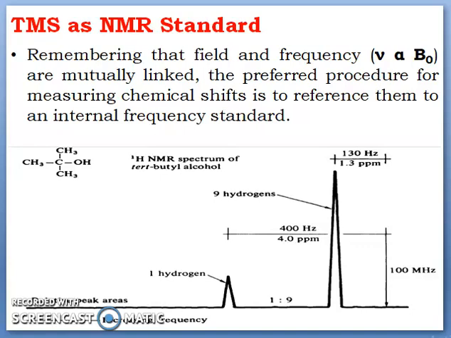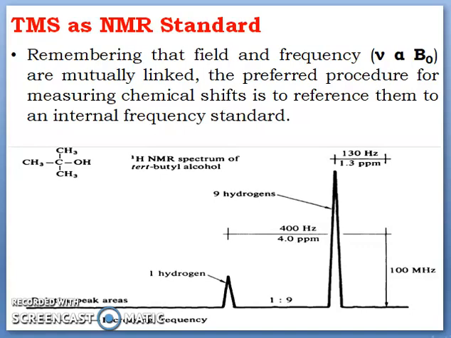For example, if you take the NMR spectrum of tertiary butyl alcohol, as we know, the nine methyl protons have a shift of around 130 Hz, and the hydroxy proton has a shift of around 400 Hz from the applied radio frequency radiation of around 100 MHz. If you increase the magnetic field strength, the splitting will be more. Accordingly, the radio frequency requirement will also be more.